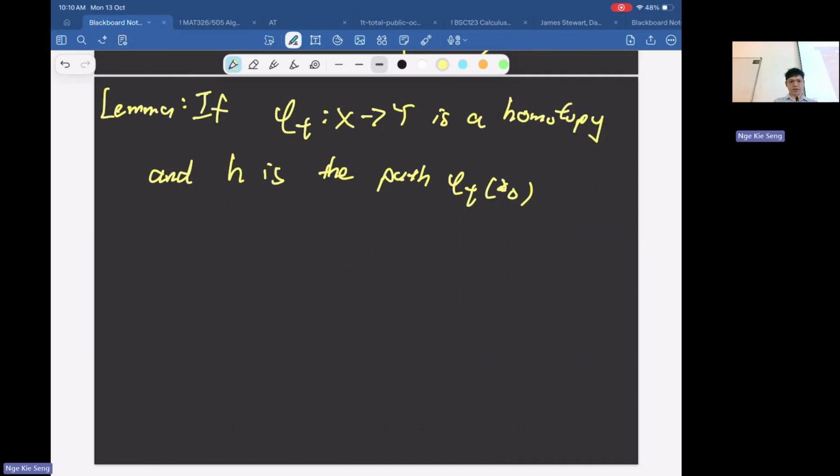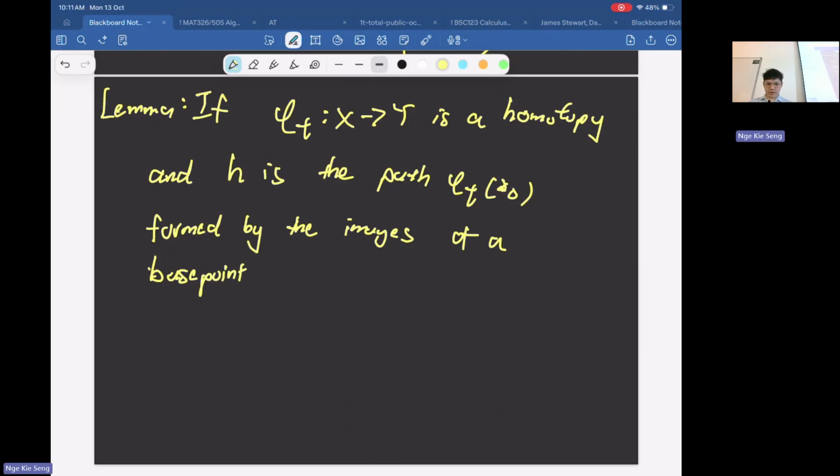Okay, let me check. Right, here is the image of the base point x naught.